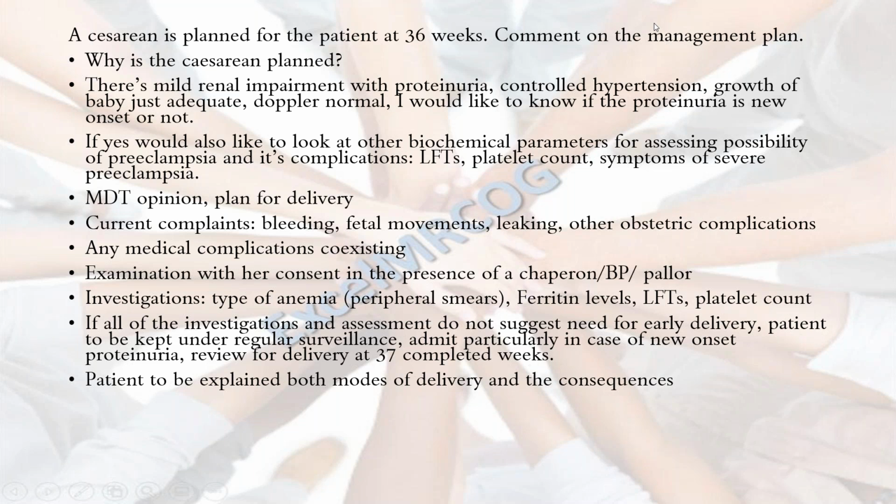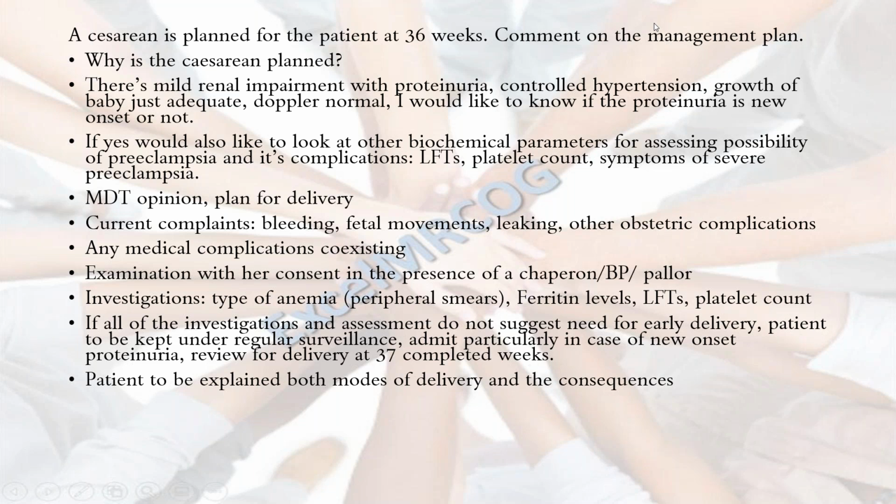You would like to know if the proteinuria is new onset or not, or if there is deterioration in the renal function. You do not know her previous values. So when you now have the investigation chart with you, although you're thinking it is mild renal impairment, has there been a deterioration from her previous renal function? Is the proteinuria new onset, that it is appearing now?